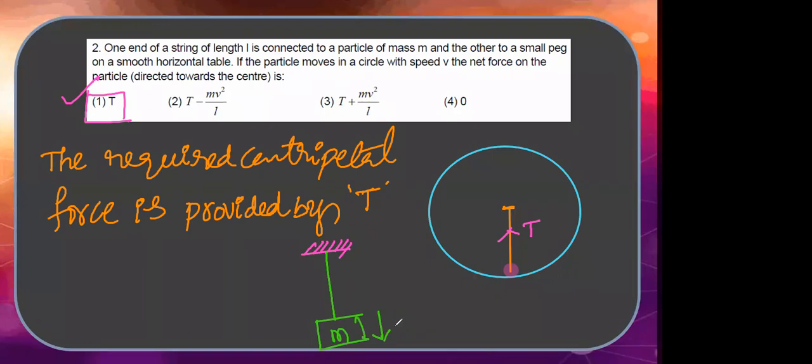In the downward direction, the weight of the block will act. In the upward direction, a balancing force will be there. That balancing force is nothing but tension. So this tension acts in the upward direction, and the weight of the particle acts in the downward direction. So T for tension is nothing but force.